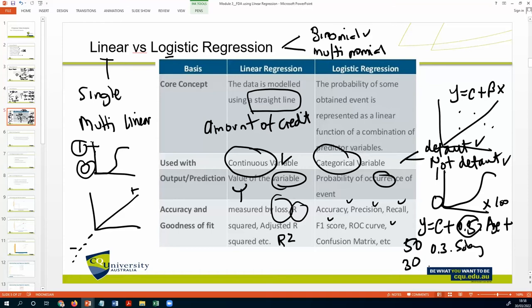Any question on linear regression? No, Pak, it's clear. So for something like loan size or loan amount, it will be linear, right, Pak? Yes, linear regression. All right, any other questions? No question. Okay, I continue.